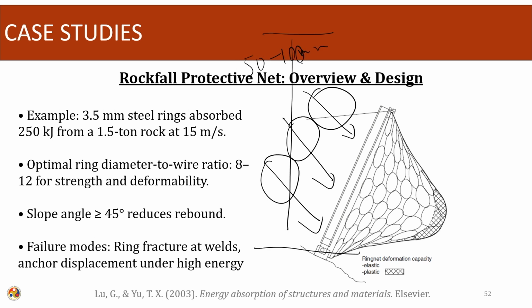Using this kinetic energy, we can design the system to absorb the total energy. This is an example using 3.5 mm steel rings. By calculation we can show that it absorbs this amount of energy from a 1.5 ton rock falling at a speed of 15 meters per second.